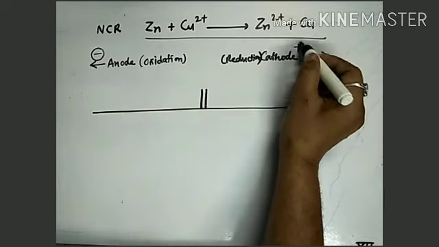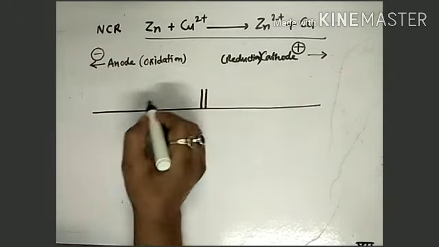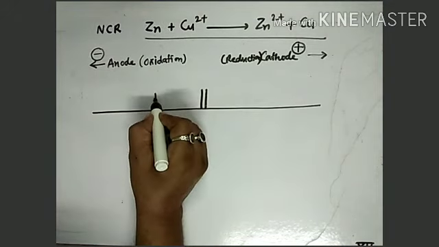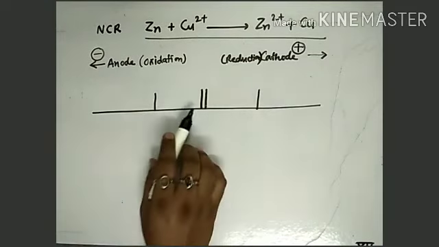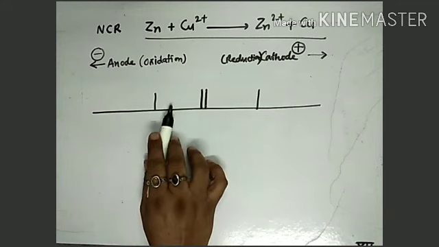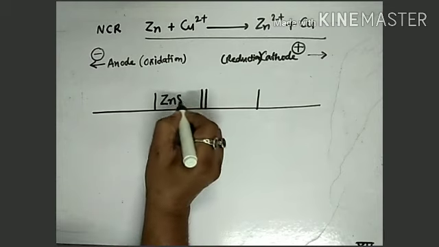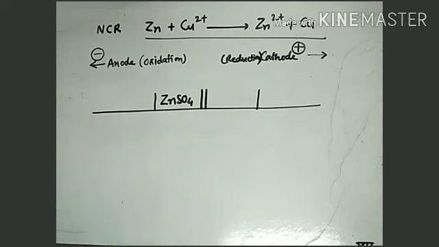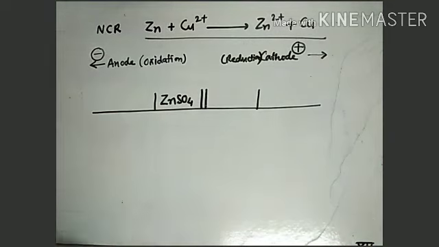It is shown by a positive sign like this, and two more lines are also there. In the left hand half, we can introduce the electrolyte. So we were using zinc sulfate here in this manner. Its molarity you can write as well.